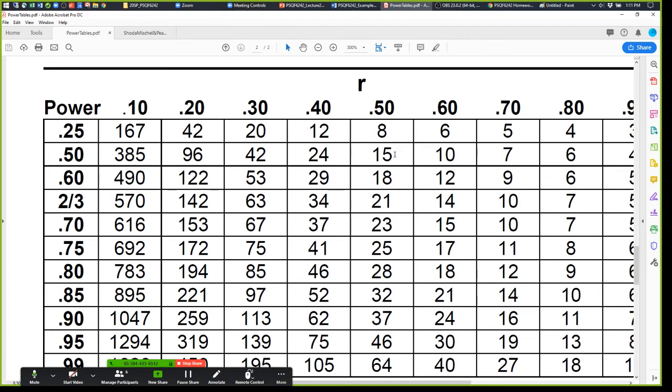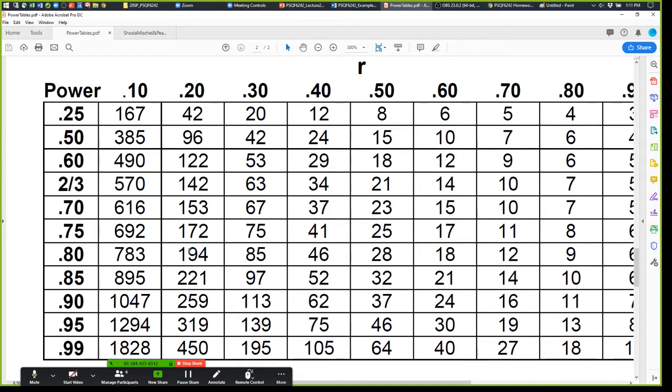If I keep going down the column, we get down to the magical level, 0.8 right here. If you want to have an 80% chance of detecting an r of 0.5 as significant, you need at least 28 people.